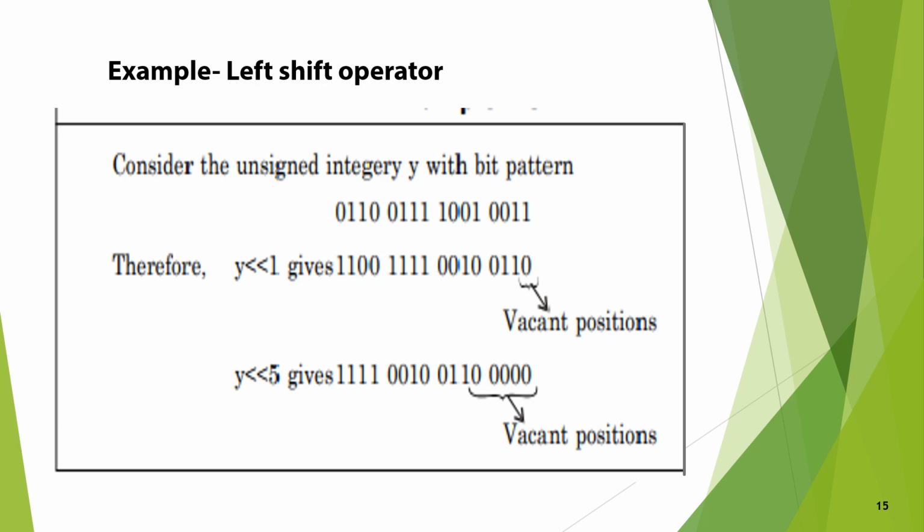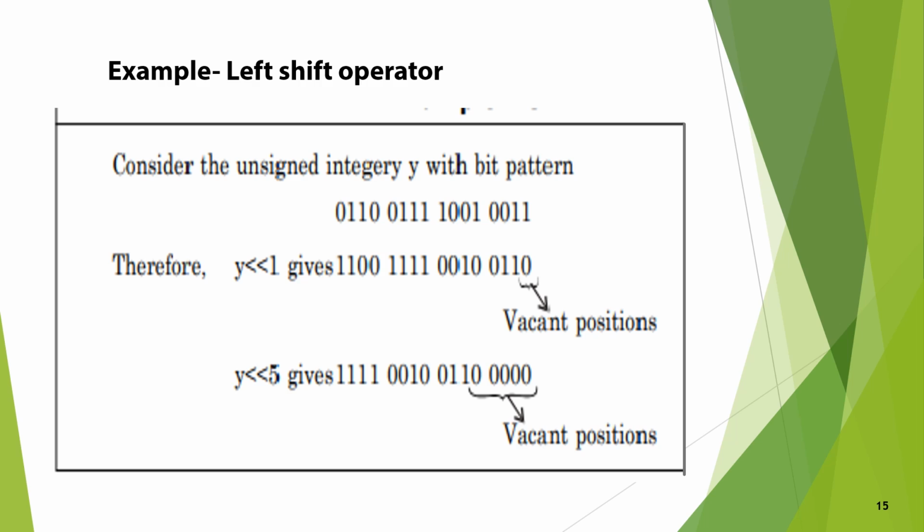Now we will see an example of the left shift operator. Here one unsigned integer y is given, its bit pattern is given, and we want to shift the pattern one position to the left. Whenever the pattern is shifted one position to the left, the leftmost 0 will not be there in the pattern, so it gets removed, and then the remaining pattern will be 1100, 4 bits.